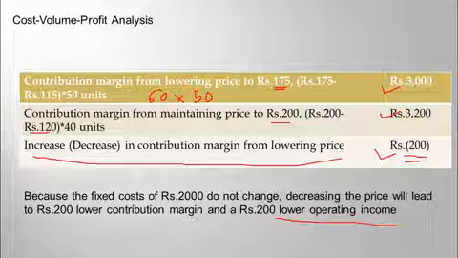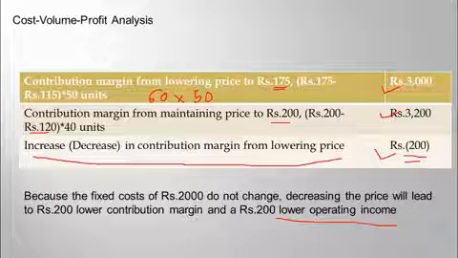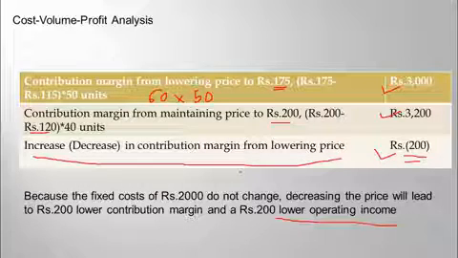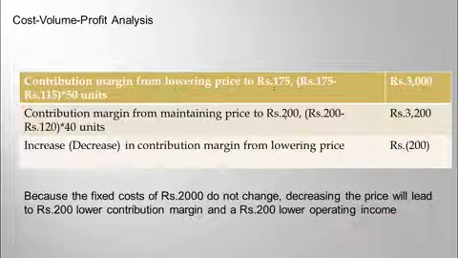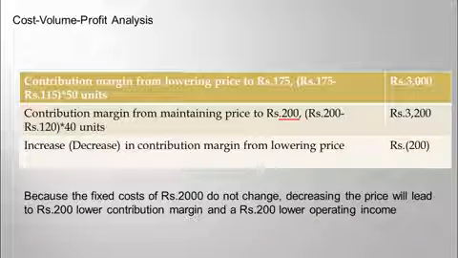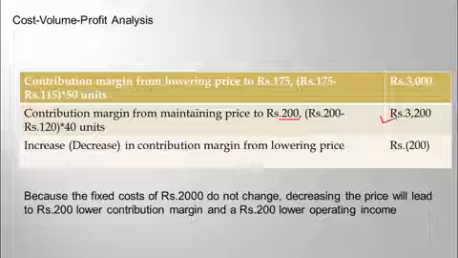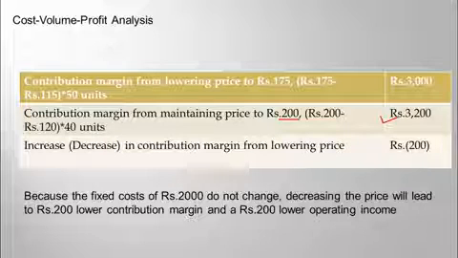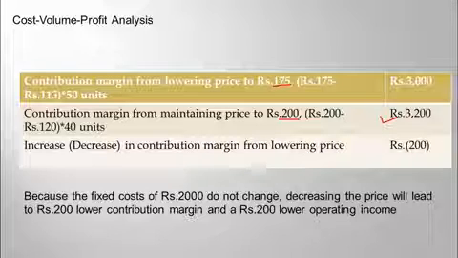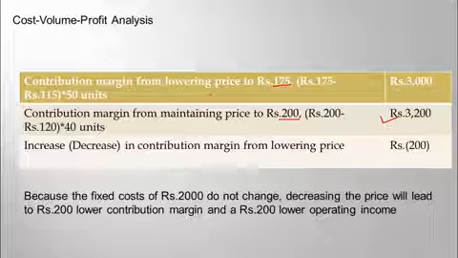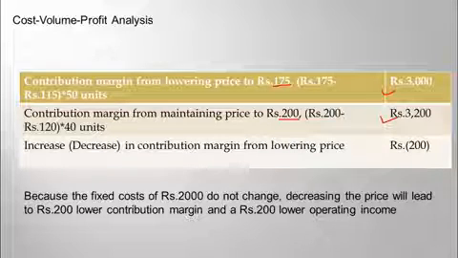Previously, when the selling price was rupees 200, we were getting a contribution of rupees 3200. Now we have reduced the selling price from 200 to 175, so our contribution has been reduced from 80 rupees to 60 rupees. It means 60 multiplied by 50 units, our contribution is now rupees 3000.